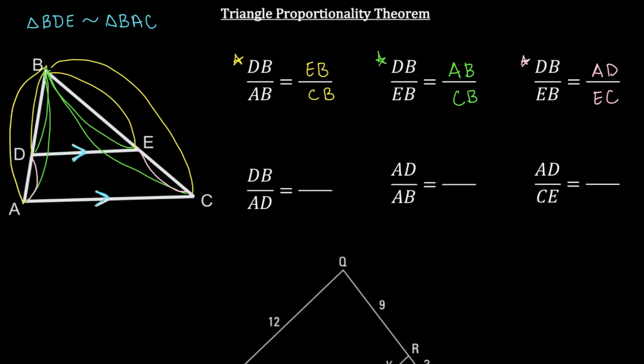And let's go to the next one. DB again goes to AD. So DB goes to this little section that's left over, as EB goes to EC. I gotta put it in the right order.